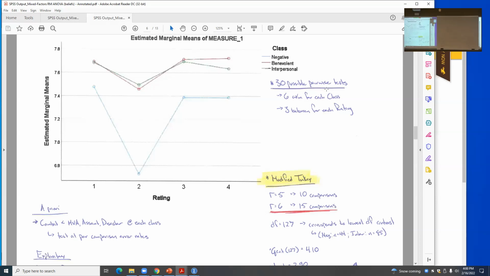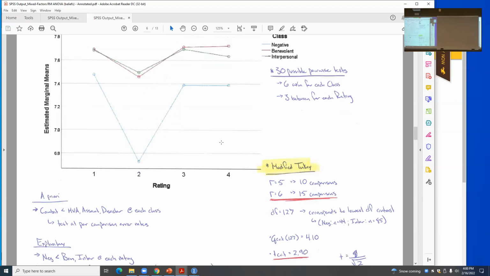But looking at this, what other questions might we have? Something that may have occurred to me after I eyeballed the graph here. What do you think, Rachel? What would you be interested in knowing?